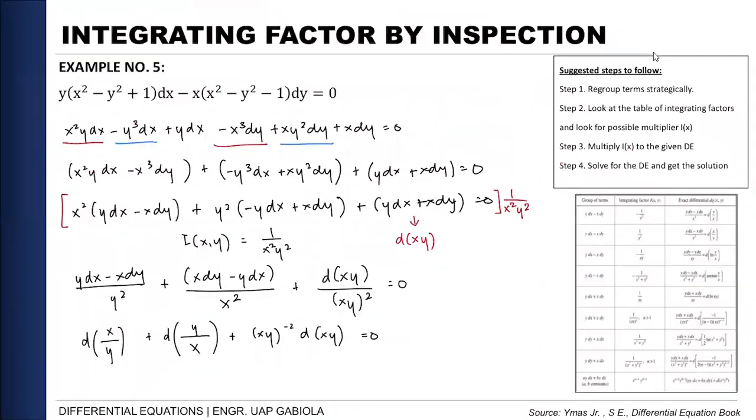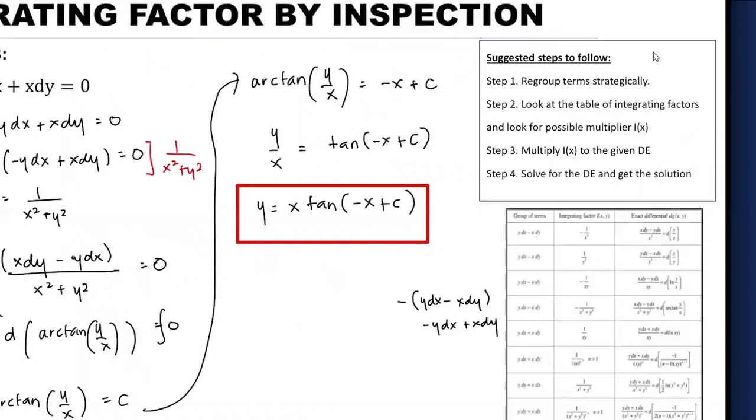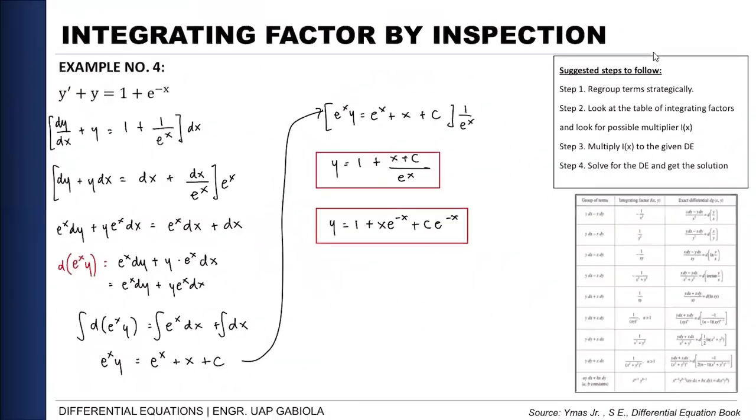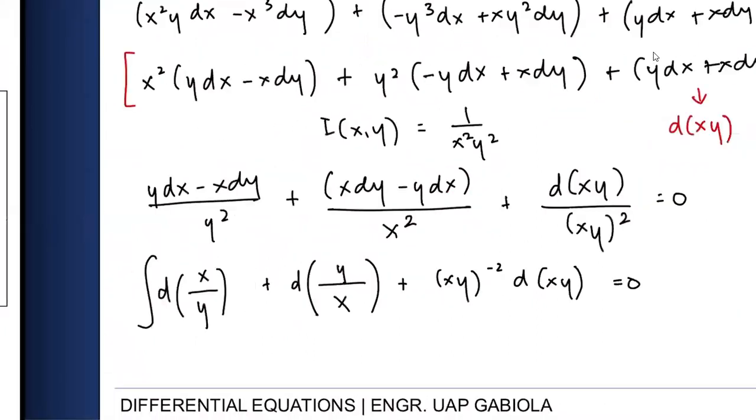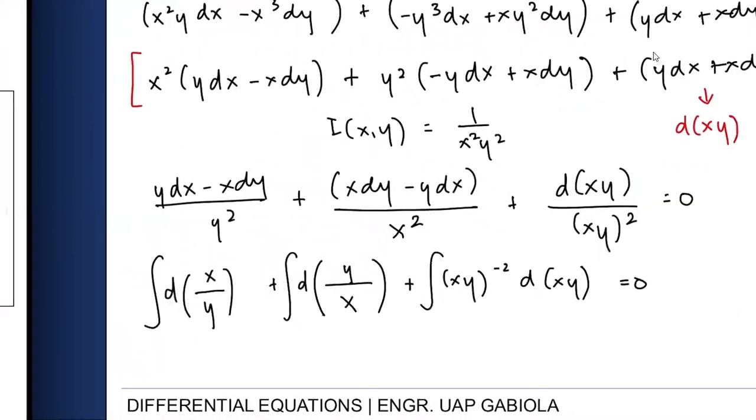Okay? Now, it can be integrated. And, sorry, where are we? Yeah, okay. So, we can integrate it. So, we have x over y plus y over x plus xy to the negative 1 over negative 1 is equal to c. Okay?